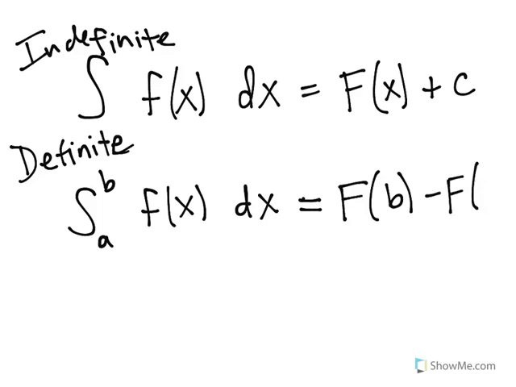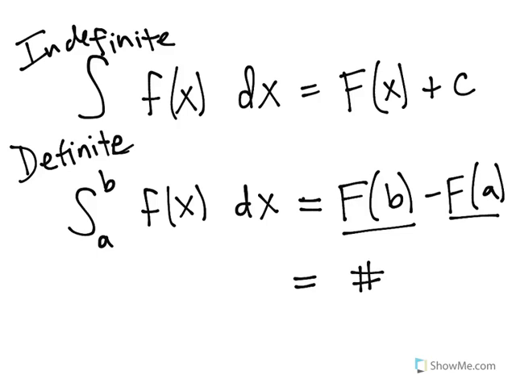This is what the second part of the fundamental theorem of calculus says. If you think about what F of b minus F of a looks like, you're plugging in a value of b that's a constant and a value of a that's a constant. This is just going to give you some number as a result, because you're subtracting two numbers.